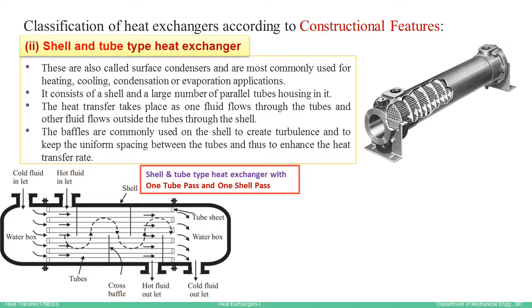And as you can see, there will be separate outlets for hot and cold fluids for this shell and tube heat exchanger. This is a case of one tube pass and one shell pass shell and tube heat exchanger.